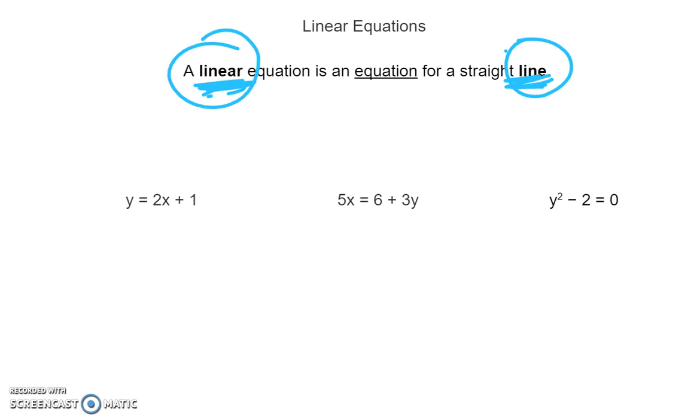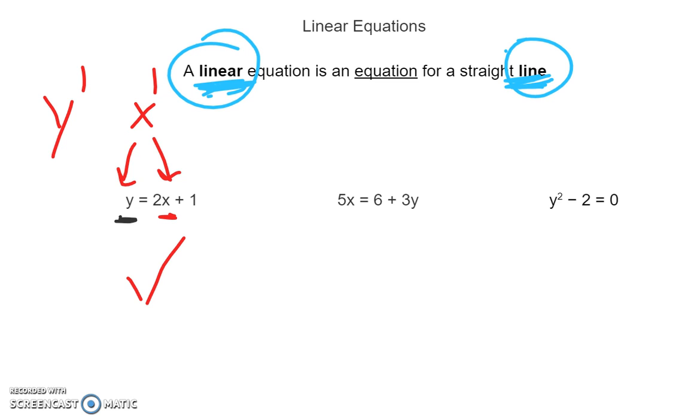So if we look at our first example, I've got y equals 2x plus 1. So I've got my two variables, my y and my x, and they're both in the form y to the first and x to the first. So yes, first one, that would be a linear equation.